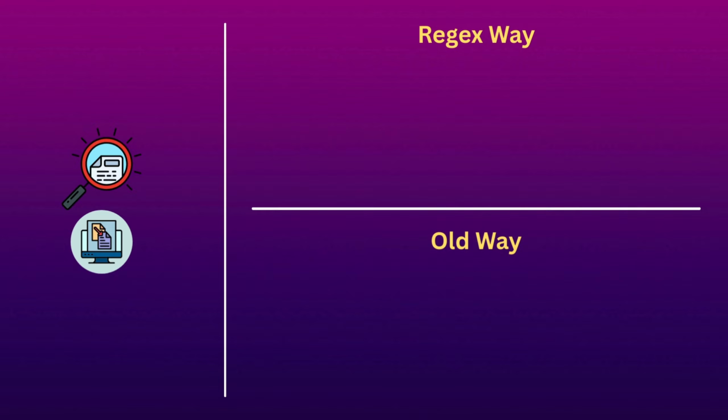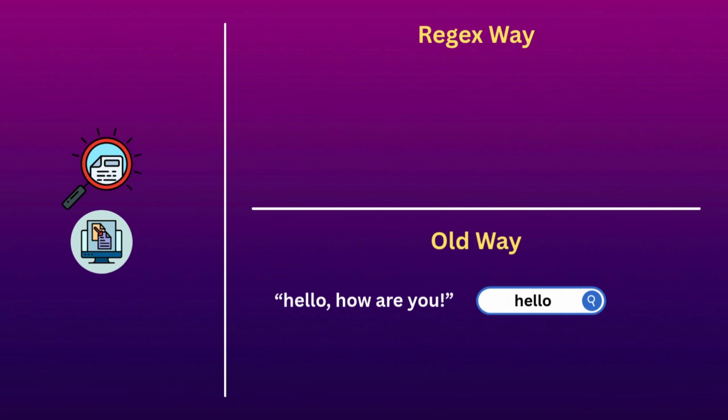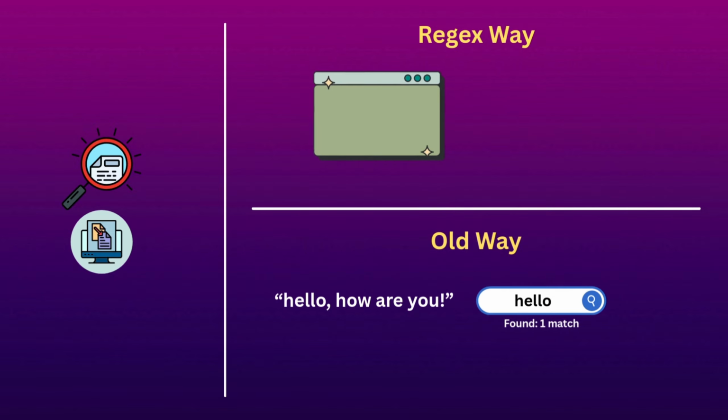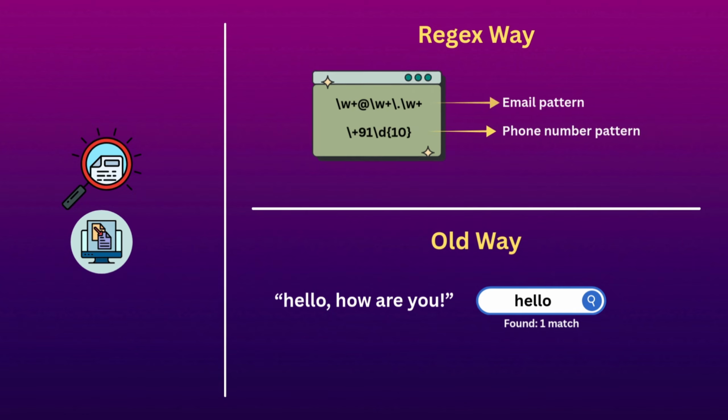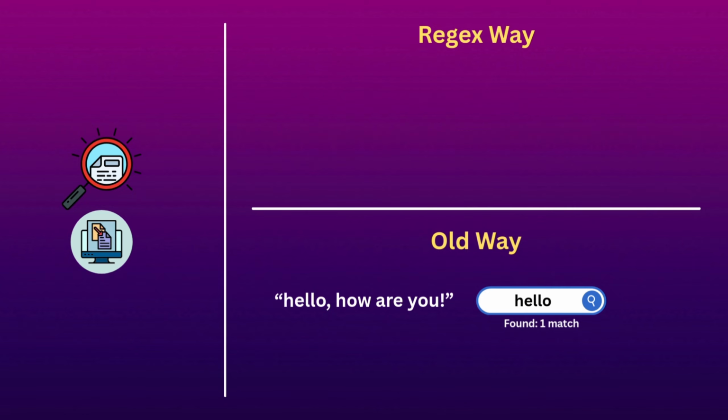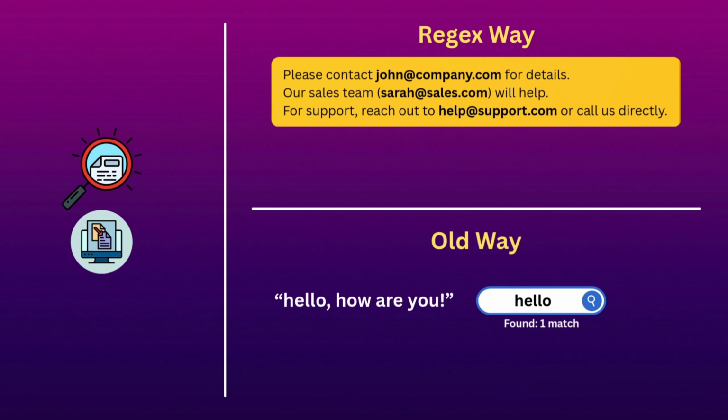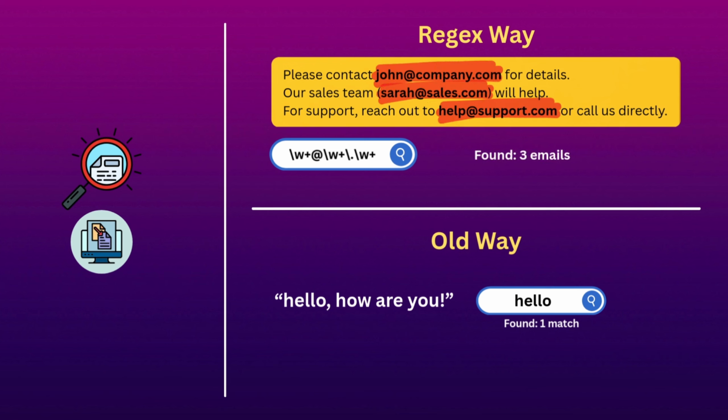Instead of searching for exact text like hello, you can search for patterns like any email address or any phone number. For example, if we want to find all email addresses in a document, instead of searching emails one by one, we can use a regex pattern that matches an email structure and then perform a search to find all the email addresses by matching with that pattern.